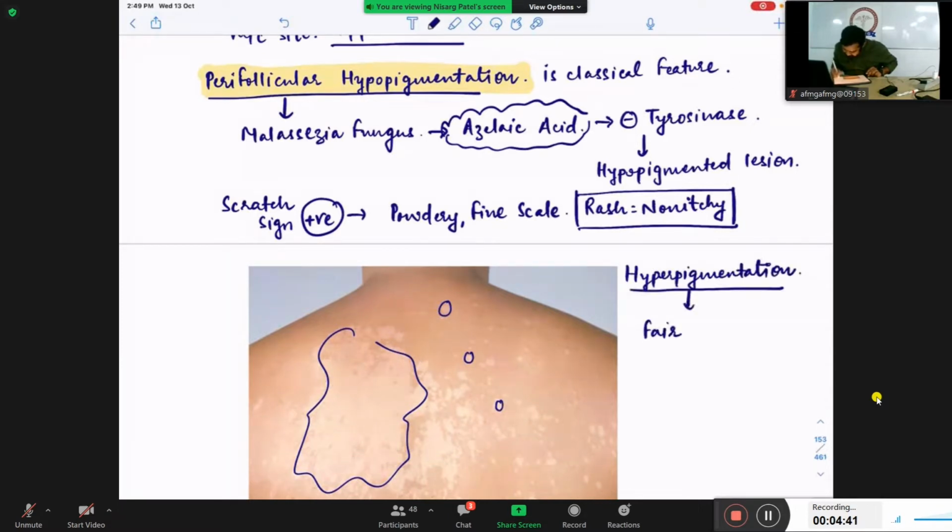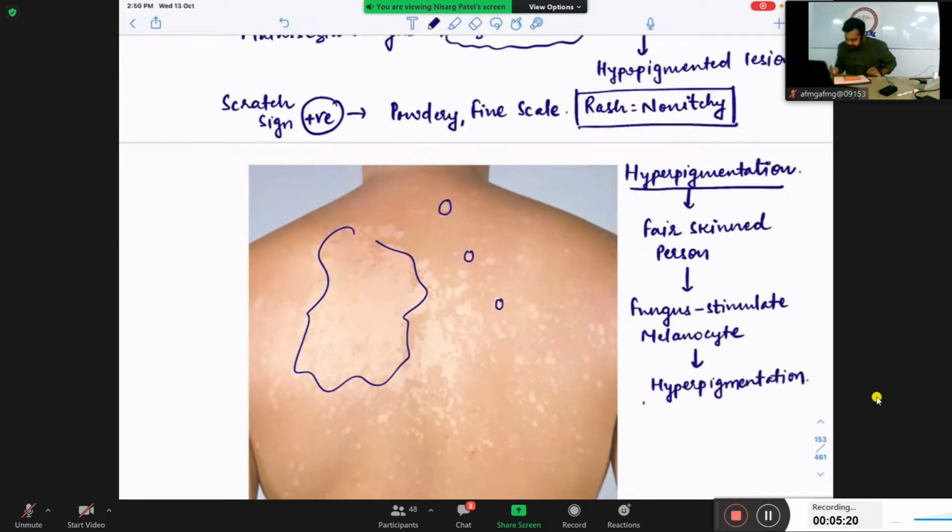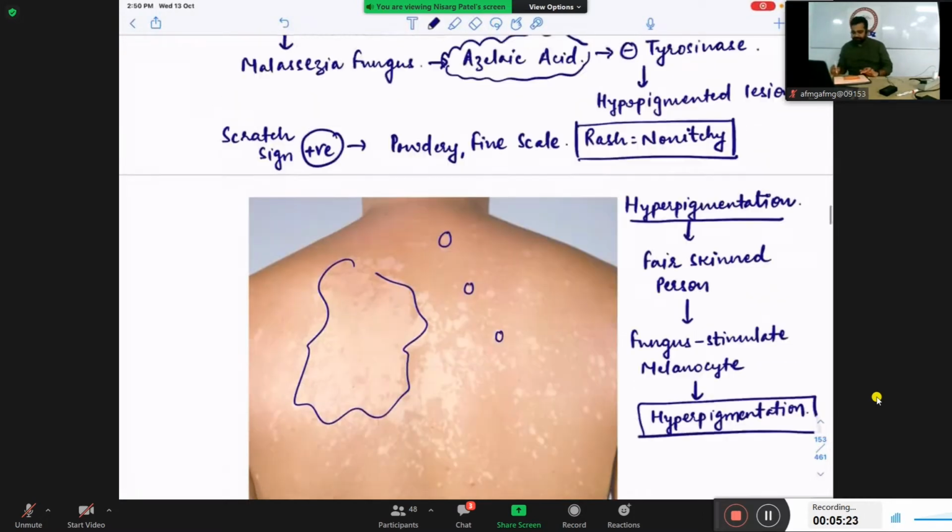Because in a fair-skinned person, this fungus stimulates the melanocyte, and because of this, you will see hyperpigmentation.